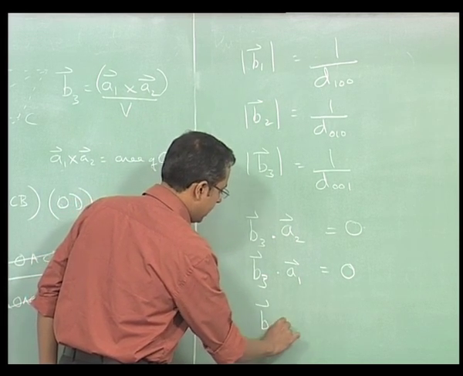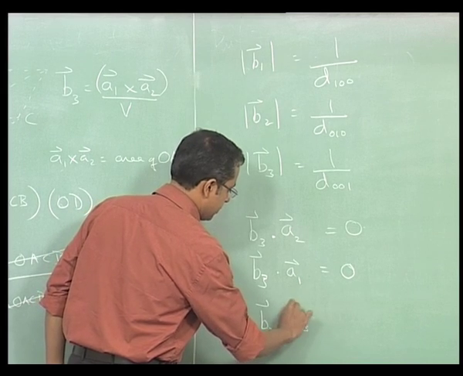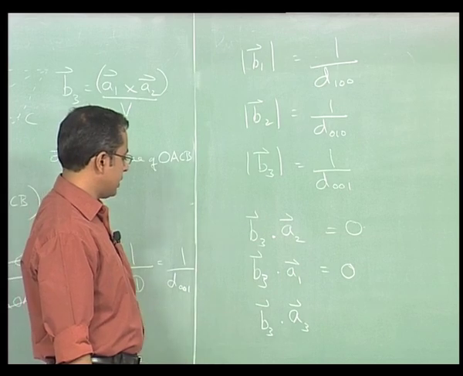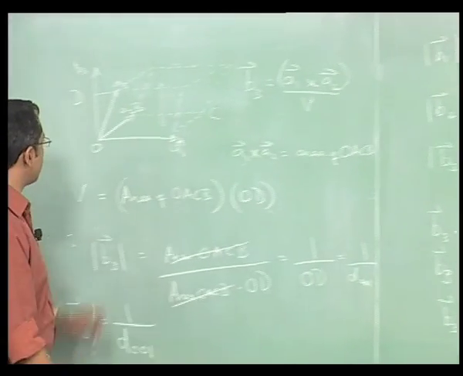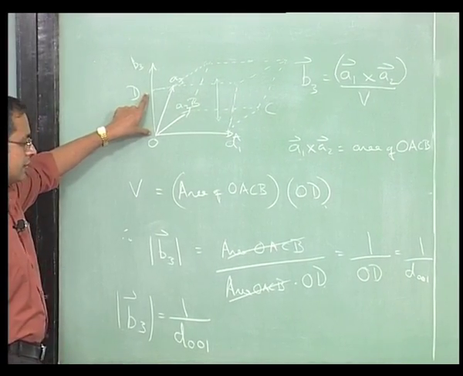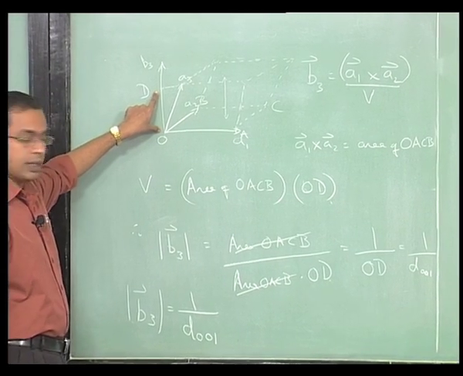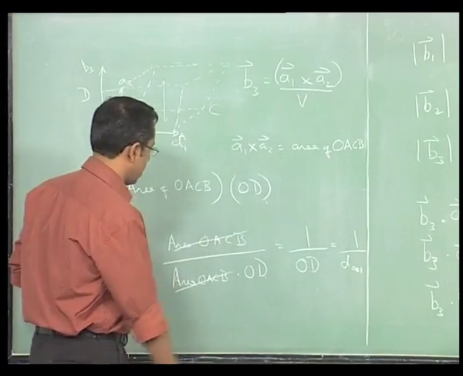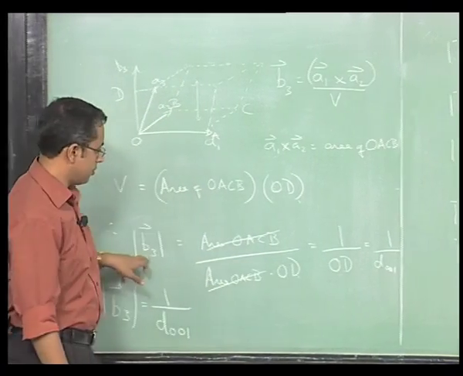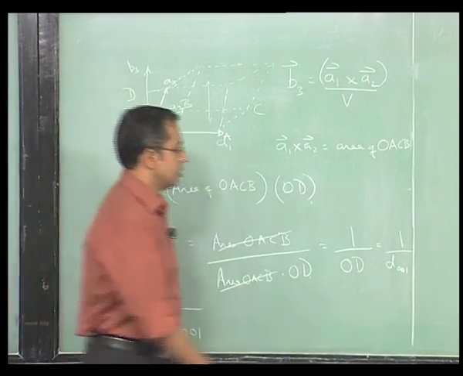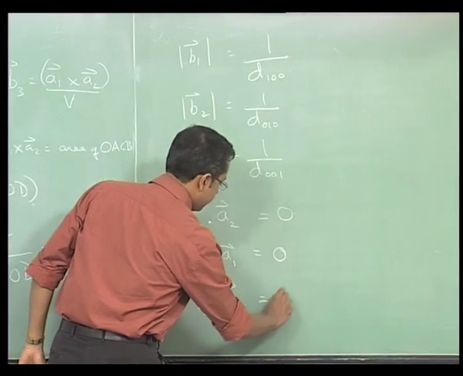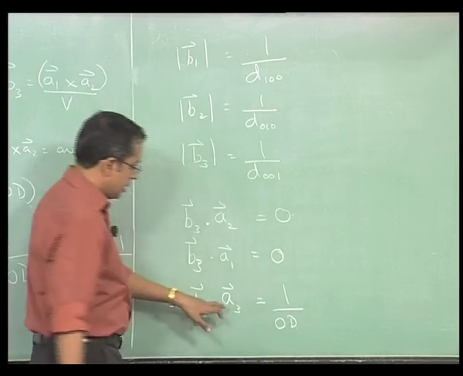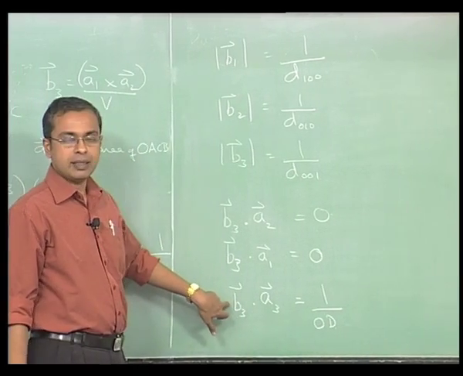If you look at B3 dot A3, okay, based on our definition, if you go back to the picture we have drawn here, the modulus of B3 is 1 by the distance OD, which we just saw here, so this is simply equal to 1 by OD times the projection of A3 on B3, okay.